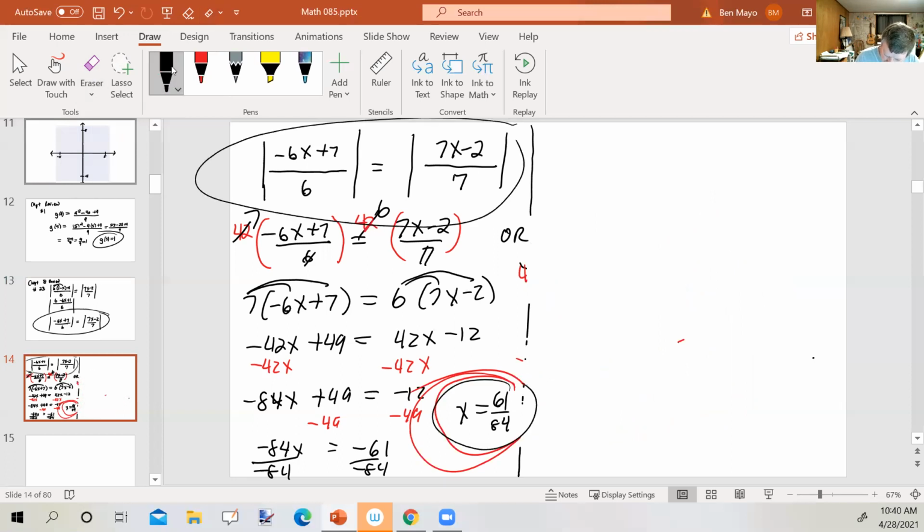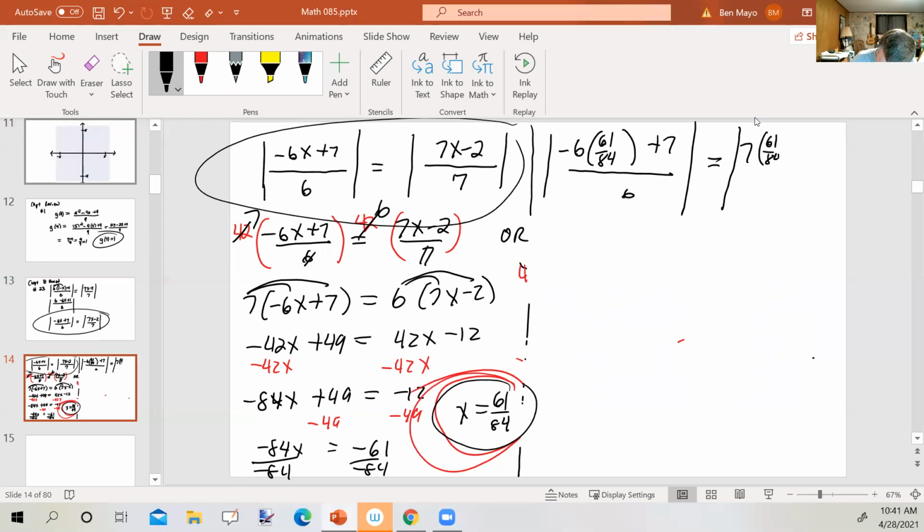So we're going to put 61 over 84 in the place of x. So here we go. The absolute value of negative 6 times 61 over 84 plus 7, all over 6, equals the absolute value of 7 times 61 over 84 minus 2, all over 7.